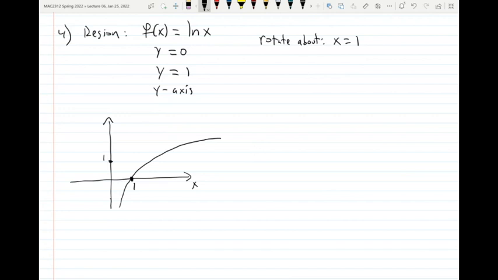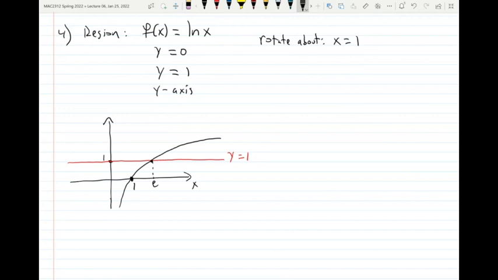Let's put it here. That's y equals 1. Who is this guy? What's the x value for this point? e. ln of what equals e? Good. And that's that. And then the y-axis.